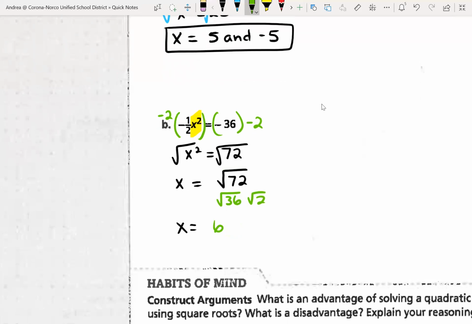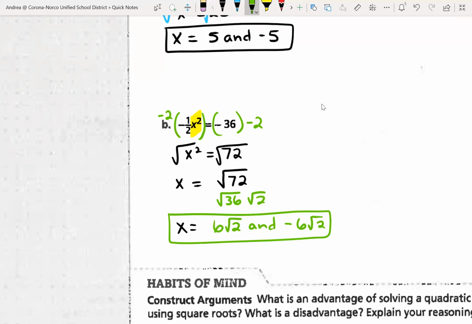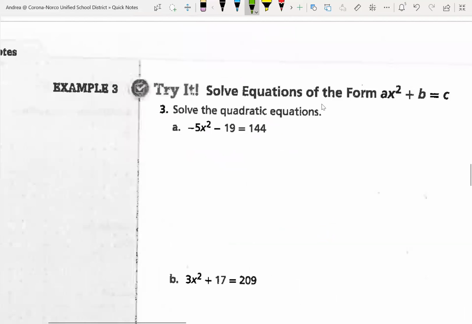The square root of 2 is square root 2. And we still need a positive and a negative. Any questions over that? We're good? Okay. Next one.